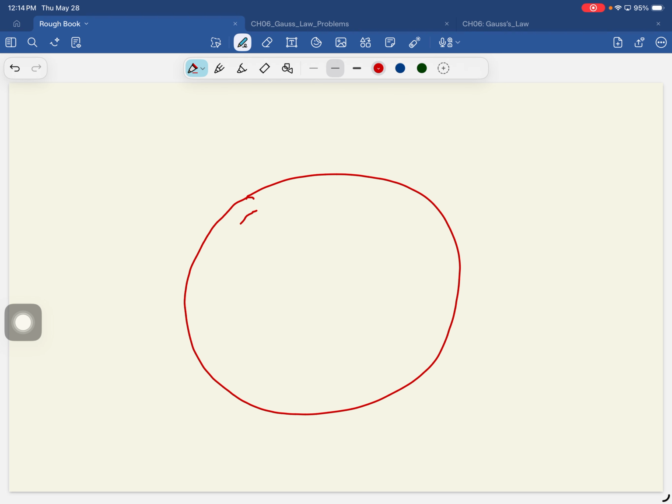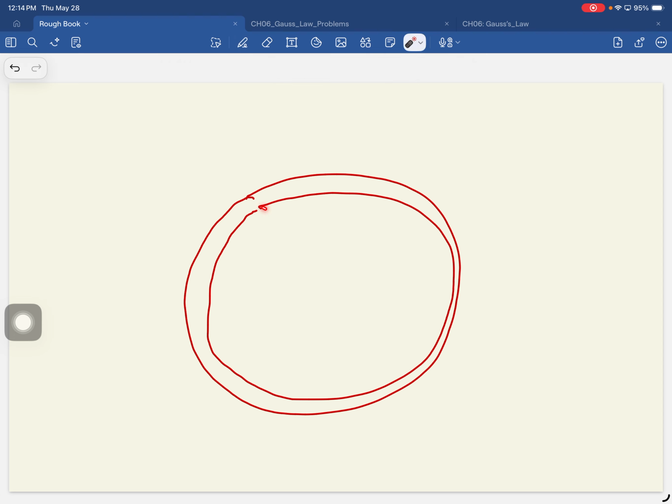In a metal, there's plenty of free charges, and electrons will collect on this face, and this face will become positive. So here's the external field, and these charges will produce a field themselves, and this field will cancel that field inside. And the net field inside the metal will be 0.